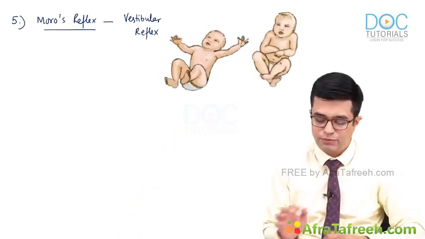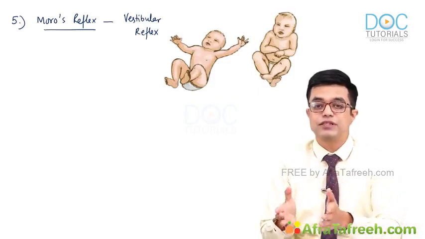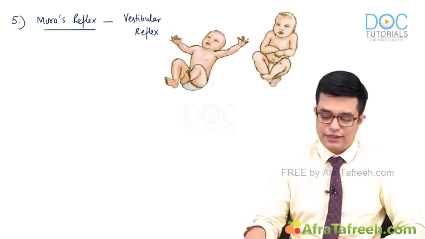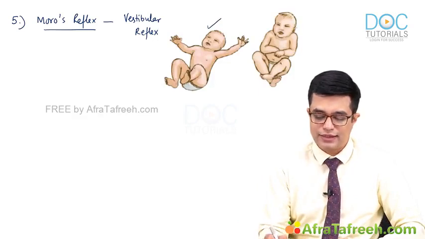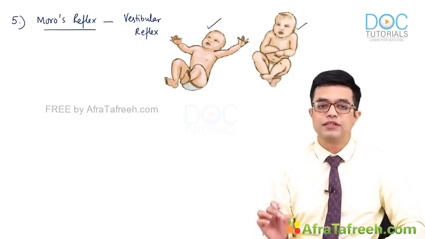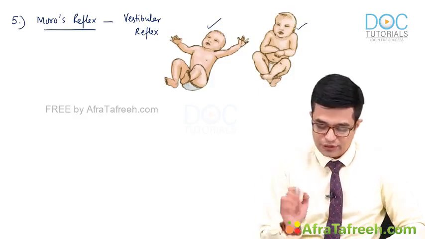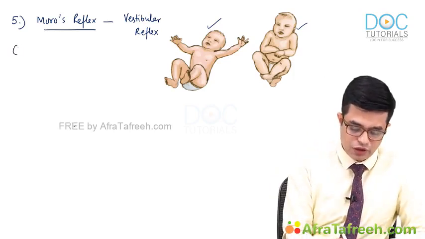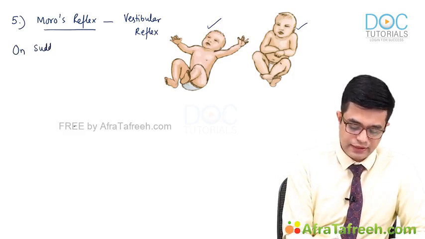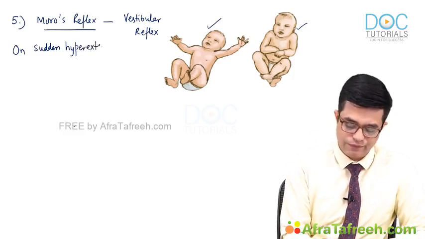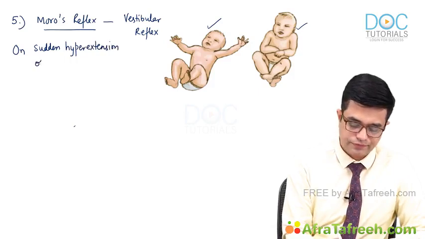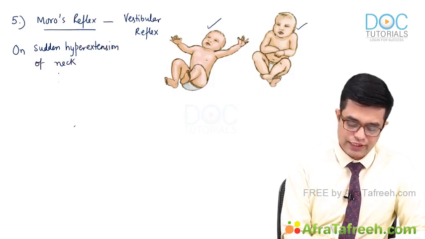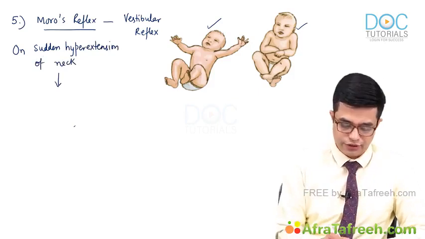So, if they put up a picture like this and ask which reflex is being performed, this is the initial part of the reflex and this is the second part of the reflex. Moro's reflex is being done here. To summarize, for understanding purposes, remember, on sudden hyperextension or simply extension of the neck, 4 events tend to occur in quick succession.